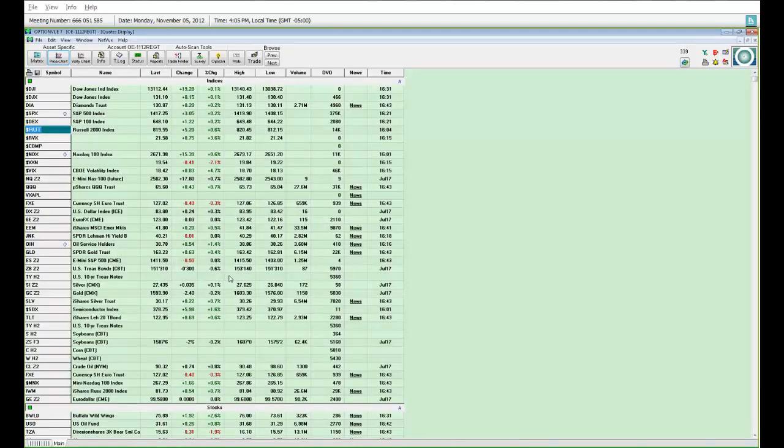So we don't have to pick market direction. There's ways where we can say, well, I'm a little biased to the downside. So we can lean our strategies towards the downside so that if we're right, we might make a little bit more money.